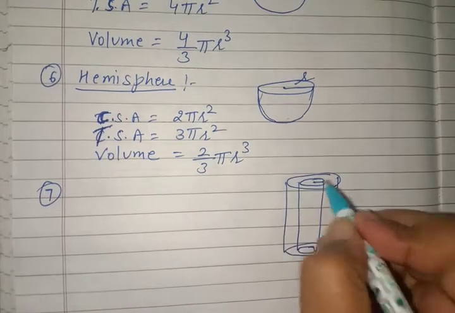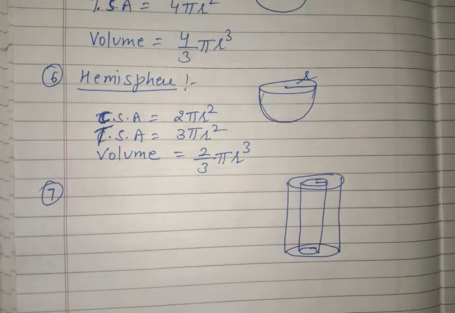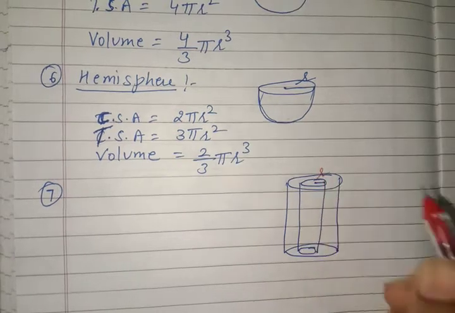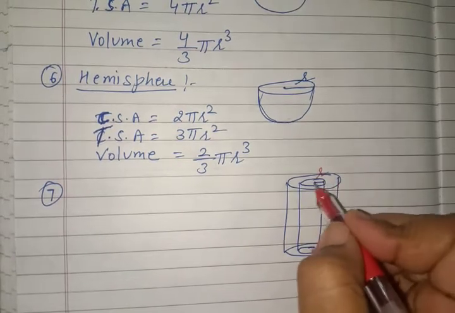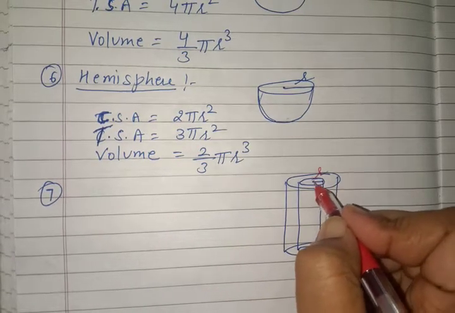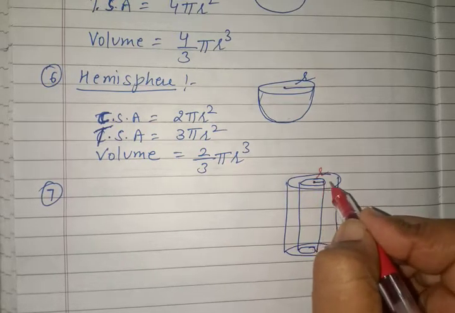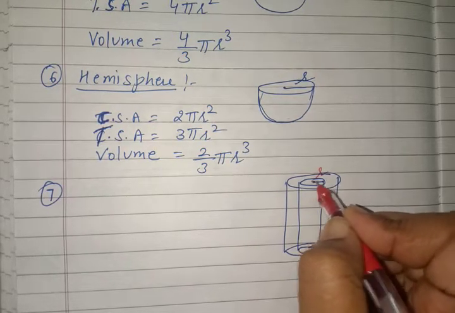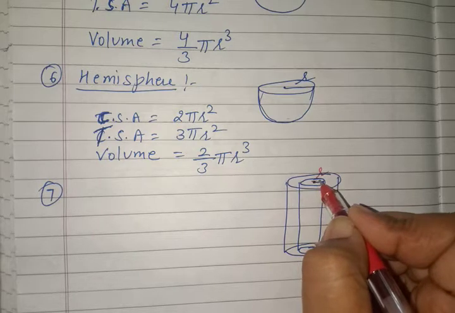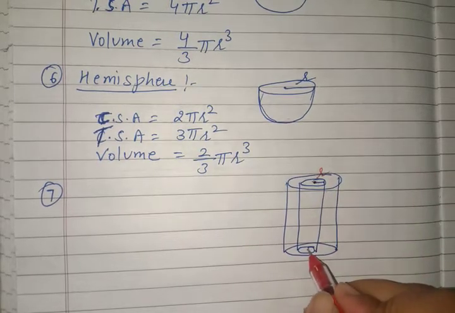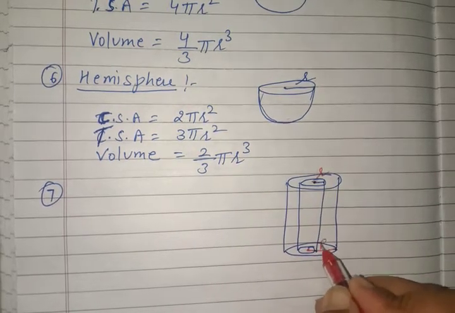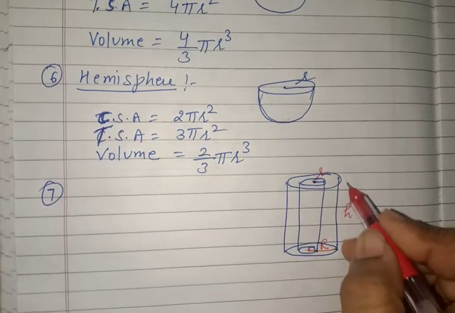So 2 radii are given to us. The inner radius is small r, and the radius of the bigger cylinder, which is again from the center, is capital R. I am writing this side here. This is capital R. Height of the cylinder is h.